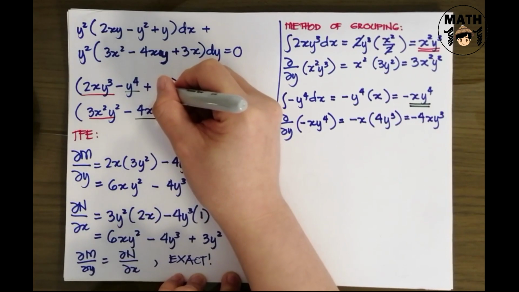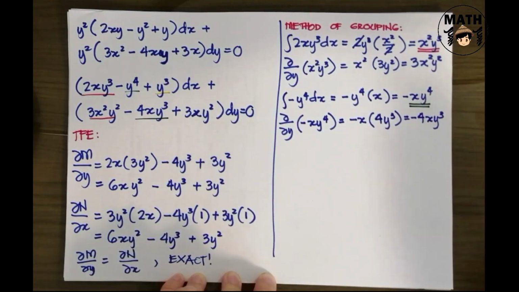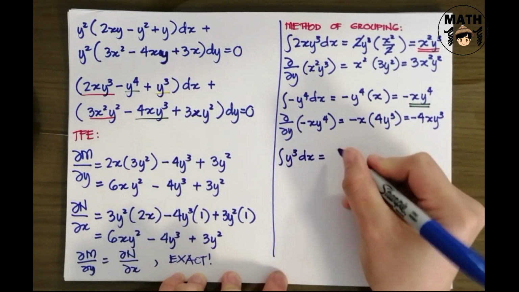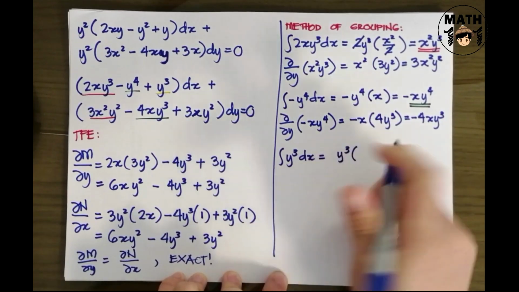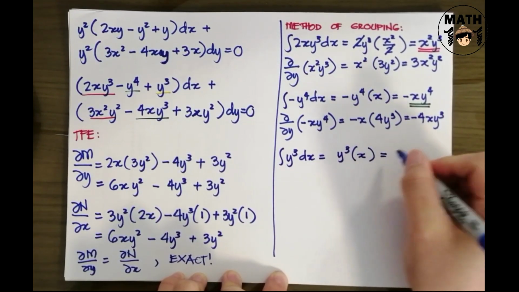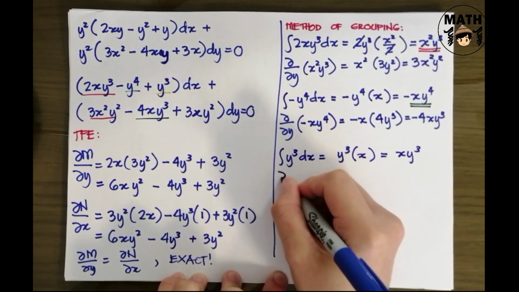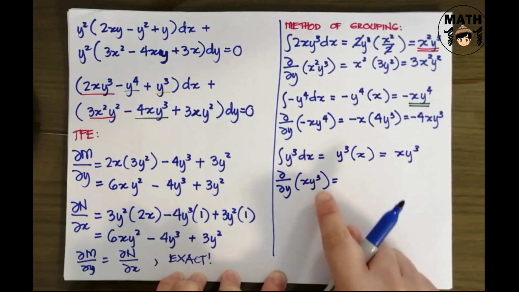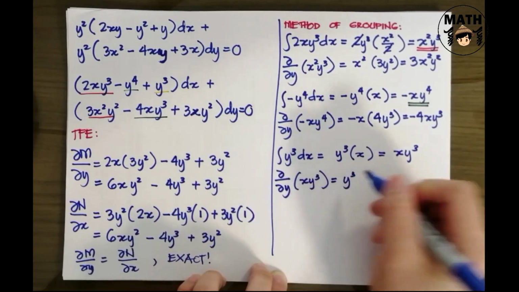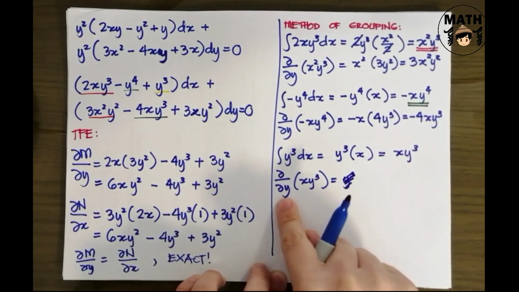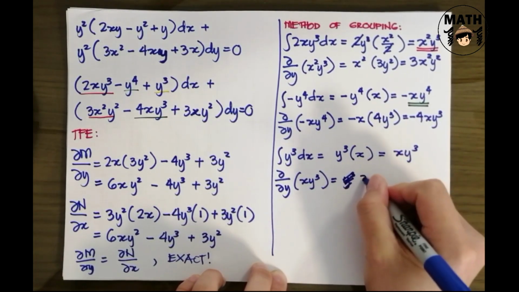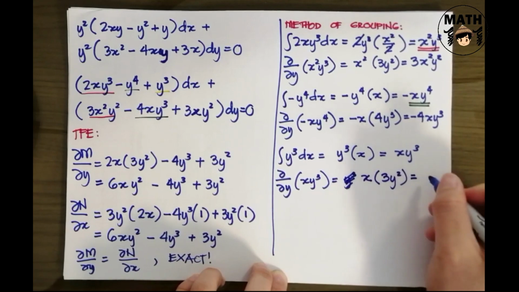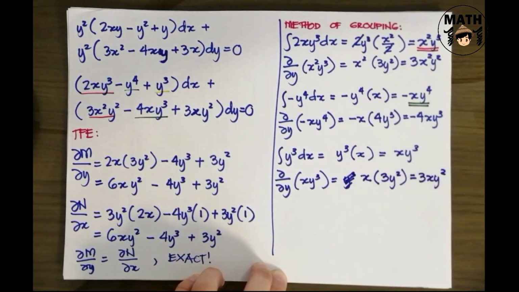Next, consider naman natin si y cubed. Integral of y cubed dx. y cube is taken as constant, integral ng dx, x, simplifying xy cube, then differentiate natin siya. y cube is taken as constant, with respect to y yung ating differentiation, so si x ay taken as constant, then ang derivative ni y cube ay 3y squared, simplify 3x y squared.